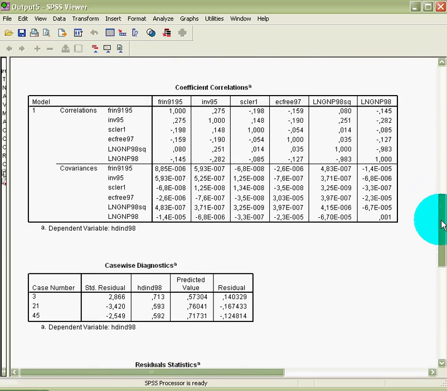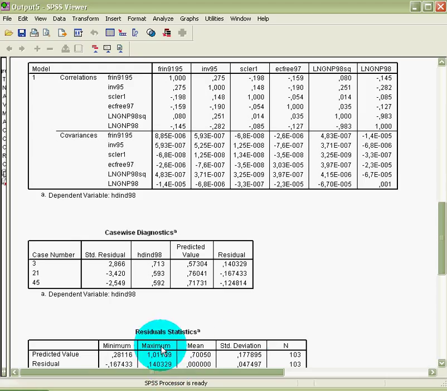Okay, we see there are 3 cases that have quite large standard residuals, and can maybe be pursued as outliers because they lie more than 2 standard deviations away from our regression.